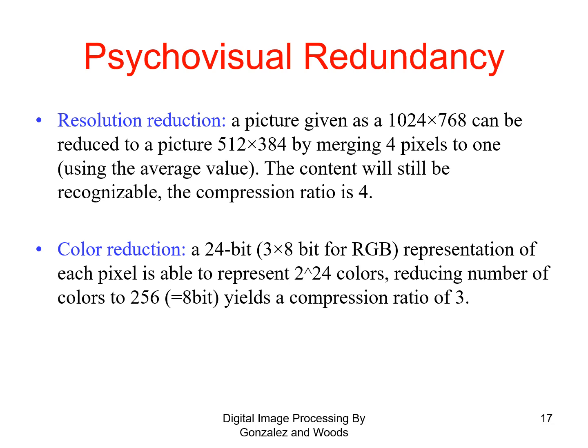Another example is color reduction for a 24-bit image, that is 3 bands with 8 bits for each band. The representation of each pixel can represent 2 raised to 24 colors. Reducing the number of colors to 256, that is using 8 bits, yields a compression ratio of 3. Obviously you are going to lose something, but if the subject is okay with this, you can go ahead and use it.